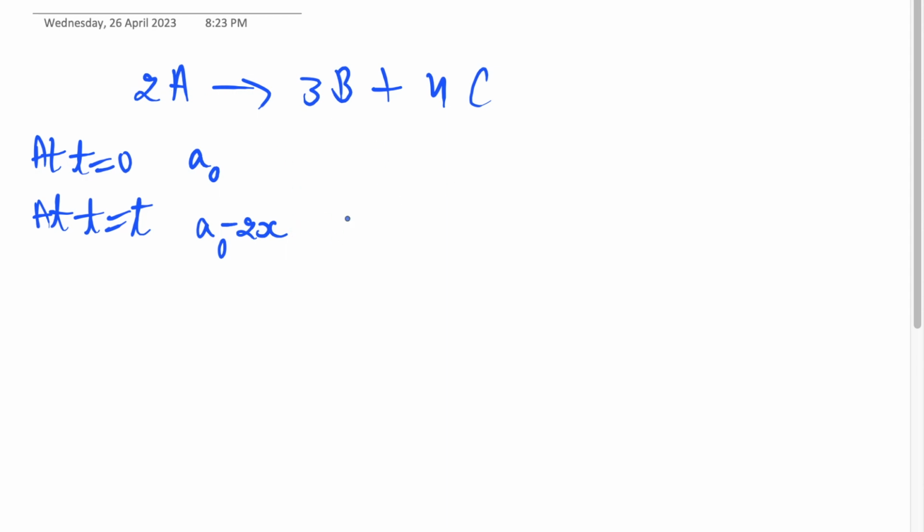So we'll get 3x concentration of B at time t and 4x concentration of C at time t.